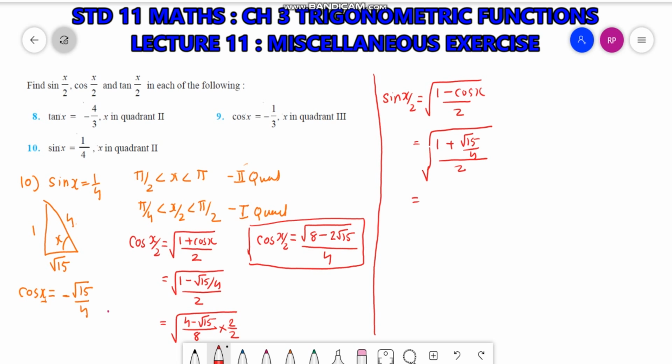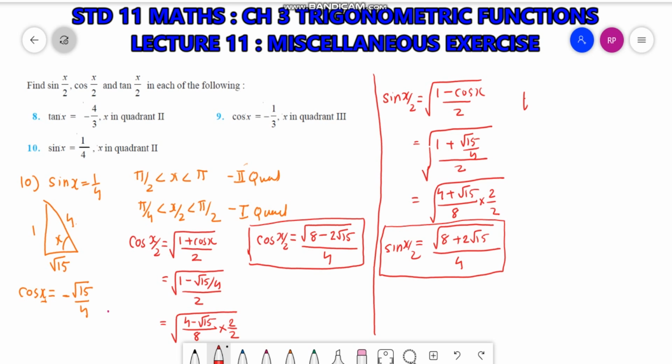So 4 plus root 15 upon 4 into 2. Again, I will multiply by 2, divide by 2. So I will get square root of 8 plus 2 root 15 upon 16, and its square root is 4. This is the value of sin x by 2.